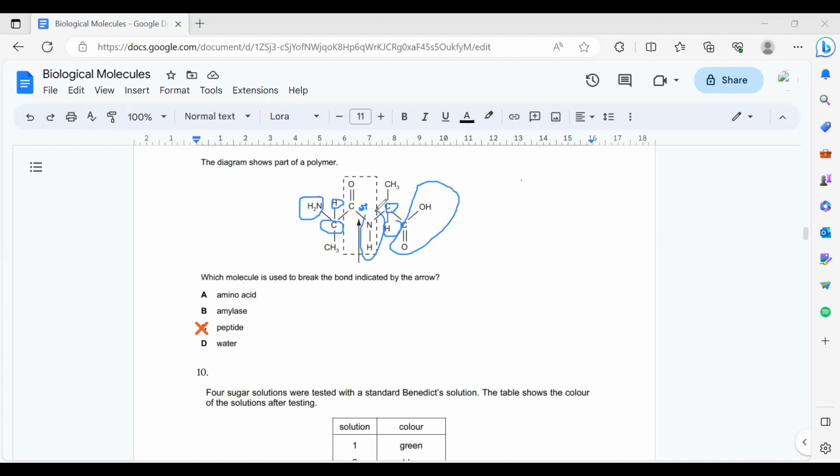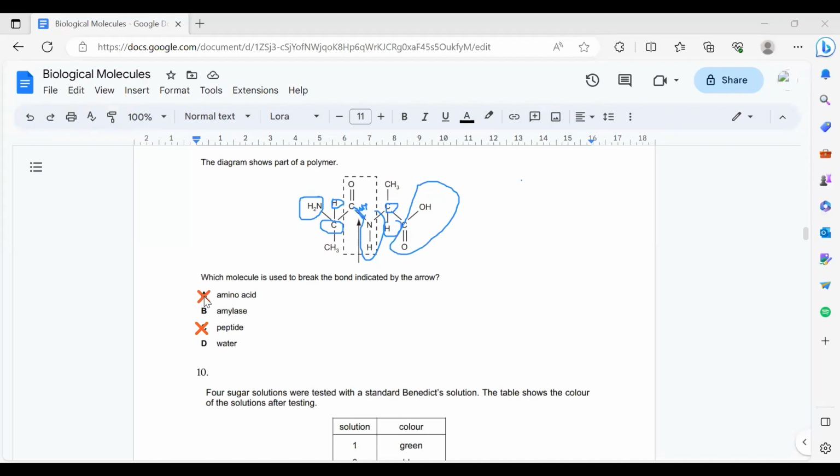So a covalent bond is formed when H from the amine part of one amino acid and the OH from the carboxyl group of another amino acid are joined together and water is released, and this bridge is formed between carbon and nitrogen. So amino acid is not the molecule that is required to break the bond because it forms a part of the polymer.